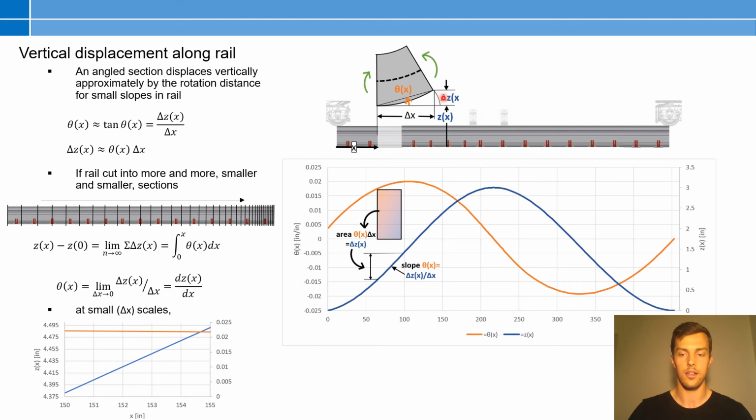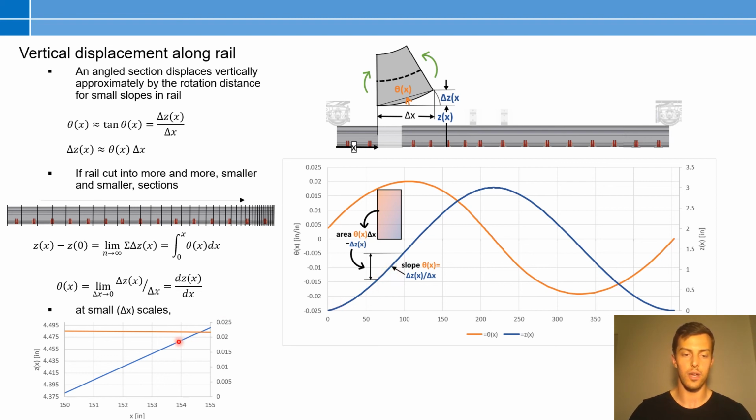And you might be sensing a theme here, but if we start at our left boundary deflection, we can go from section to section and add up all these small changes in deflection to get the approximate solution. And we notice that the slope multiplied by the small change in length, or the area of this rectangle, will directly increase or jump the deflection at that point.